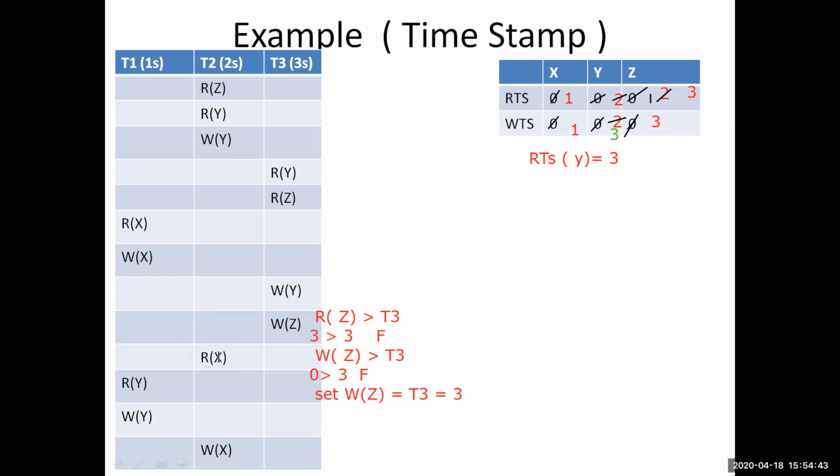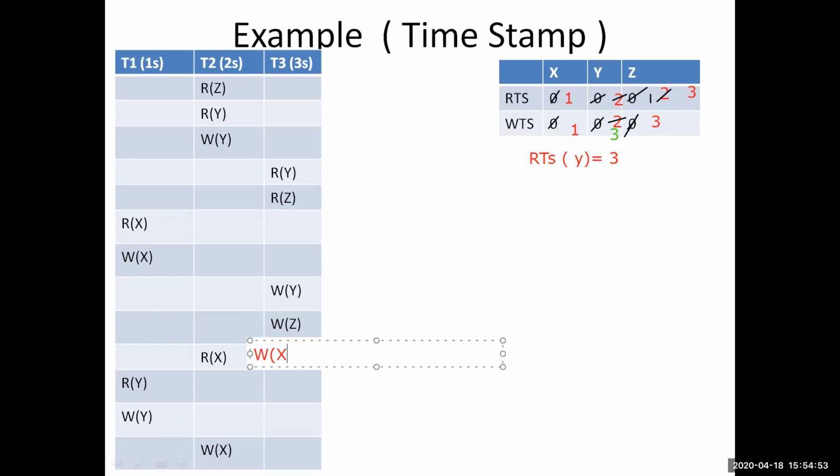Now next I'll come to this read of x. For this read of x, I need to check the write condition. That is, write of x greater than T2? What is write of x right now? It is 1. So is 1 greater than 2?